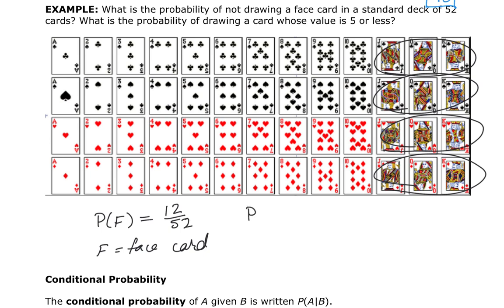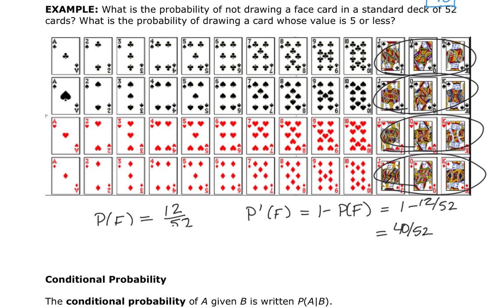So then the probability of not a face card is going to be 1 minus the probability of a face card. And so this is going to be 1 minus 12 out of 52. So that is 40 out of 52. So that's the probability of drawing not a face card.